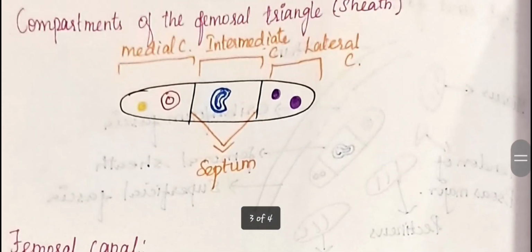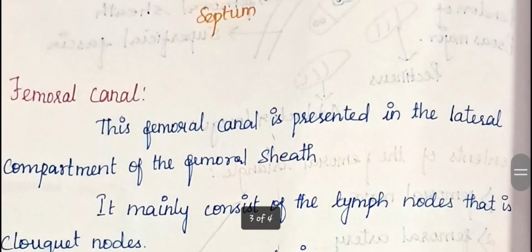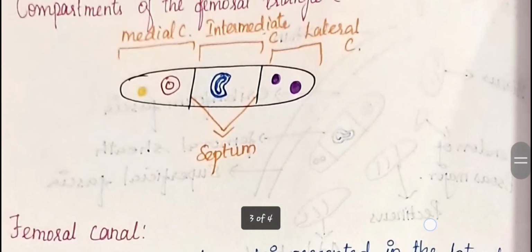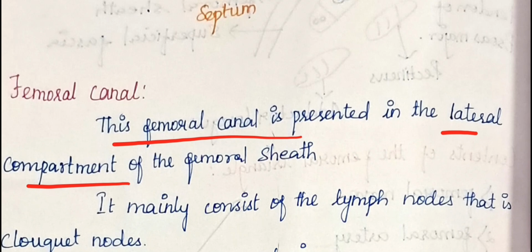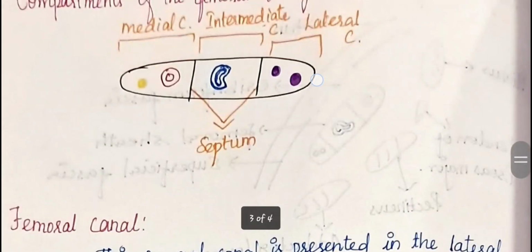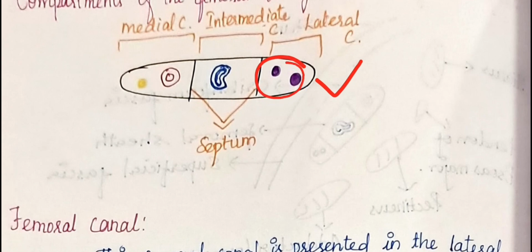In this lateral compartment we have a canal that is referred to as the femoral canal. The femoral canal is present in the lateral compartment of the femoral sheath, and within the femoral canal these lymph nodes are present.